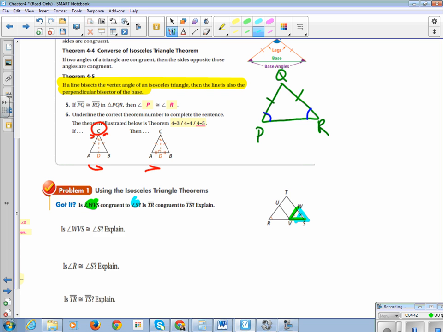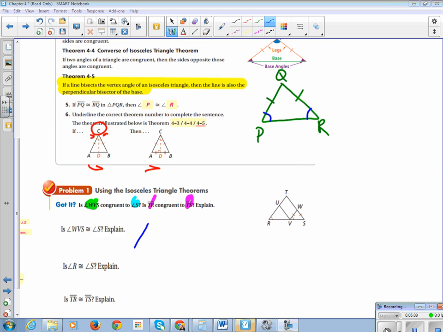And is TR congruent to TS? All right. So we got a whole lot of craziness going on here, so let's back it off a little bit.